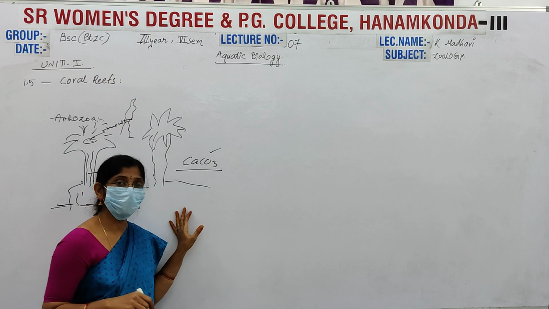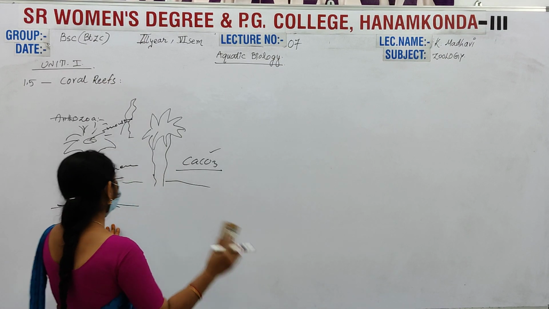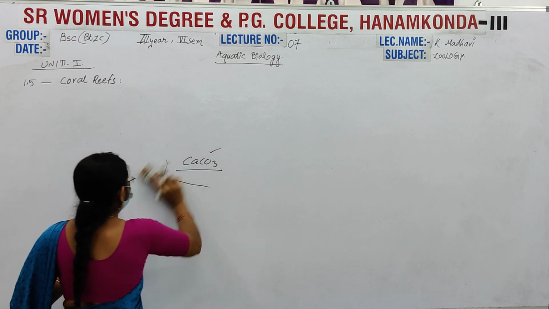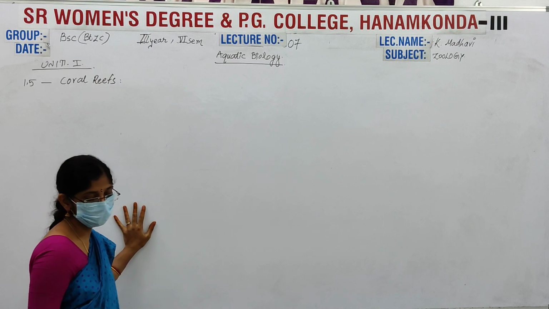What is meant by coral reef? That was just an introduction about coral. Corals are organisms belonging to the Anthozoa, which are included in the Coelenterata.